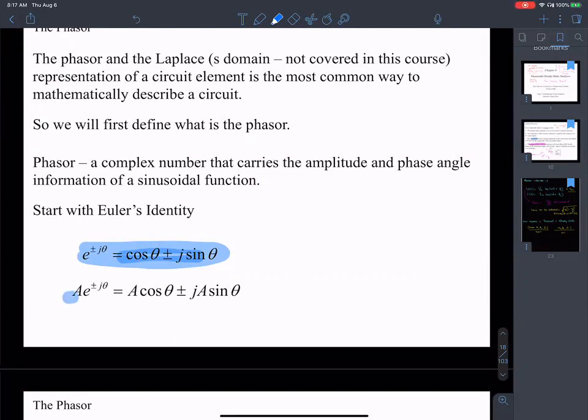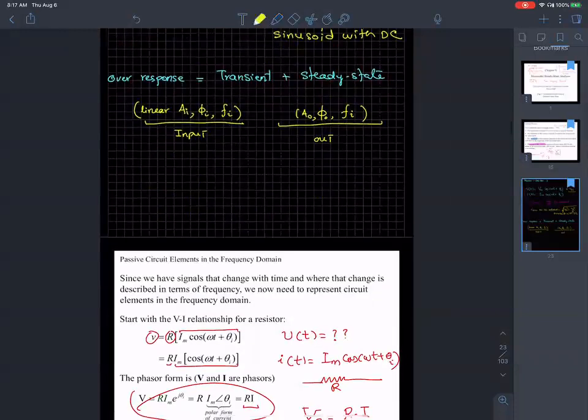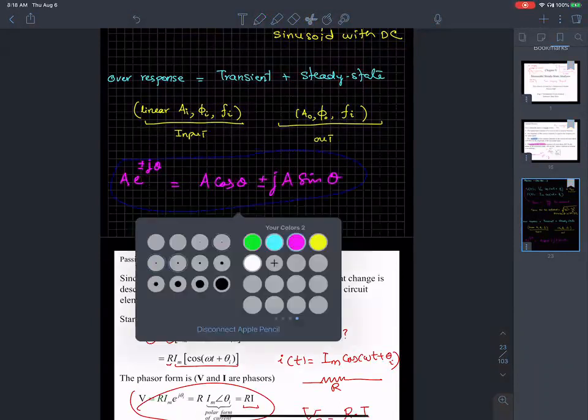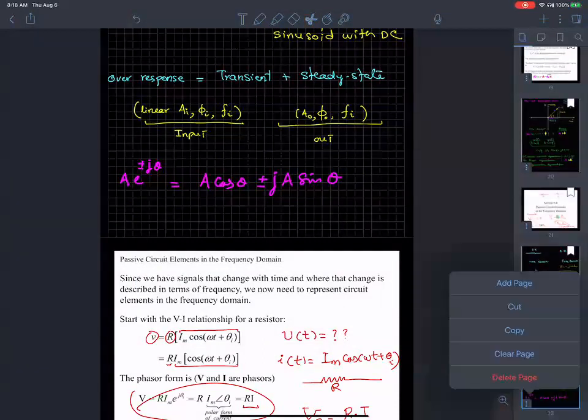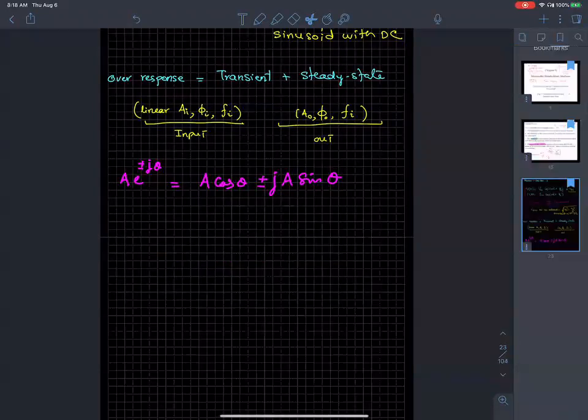So let me write that again: A e to the plus or minus j theta is A cos theta plus or minus j A sine theta. So that's one of the things we discussed in the last class.